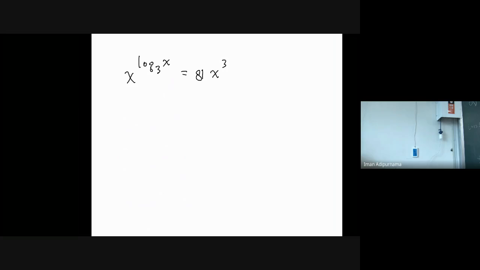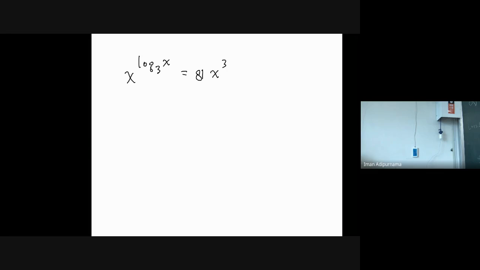Try this one. And another idea for log: if you have any power and it has something that you need to find, also the x, the idea is how to make this part go down.